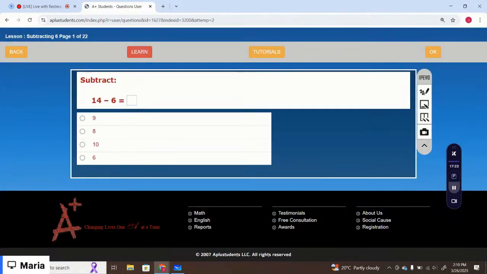The numbers are different, but the concept of subtracting is the same. So you have to do 14 take away 6. 14 take away 6 equals. Start with 6 and count until 14. So which is the correct option?